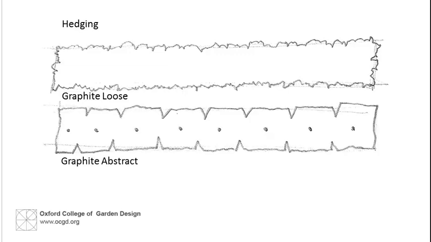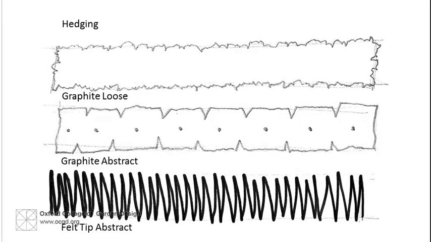The second is a more abstract style of hedging and is better suited, I think, for more commercial projects. And finally, the felt tip abstract, which is fine but should only be used on much smaller scale drawings, such as those of 1 to 100 or smaller.